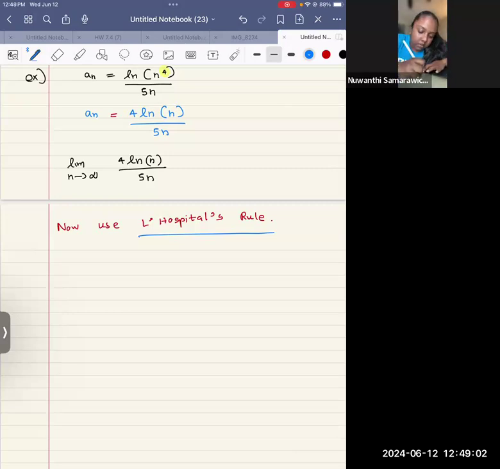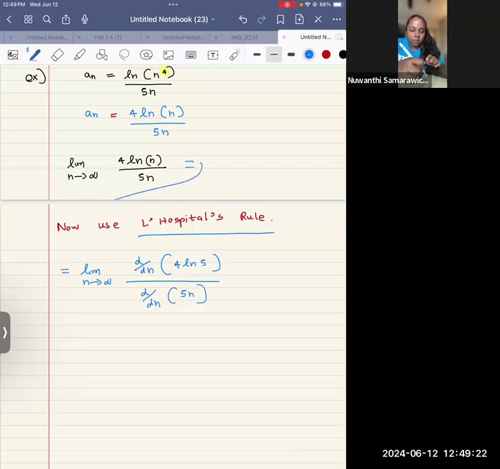So if we differentiate with respect to n the numerator, we can also differentiate the denominator. That is L'Hopital's rule. So this limit is equal to this one by L'Hopital's rule. And then if you differentiate, what do you get? I'm sorry, this should be n, right? This is n.